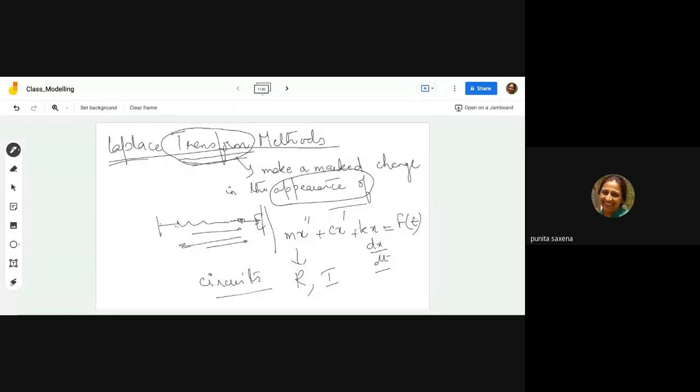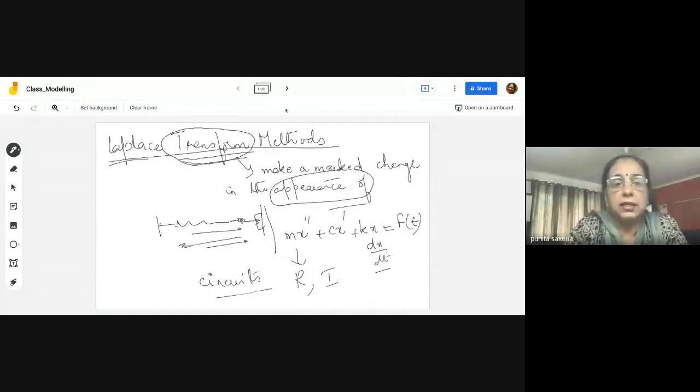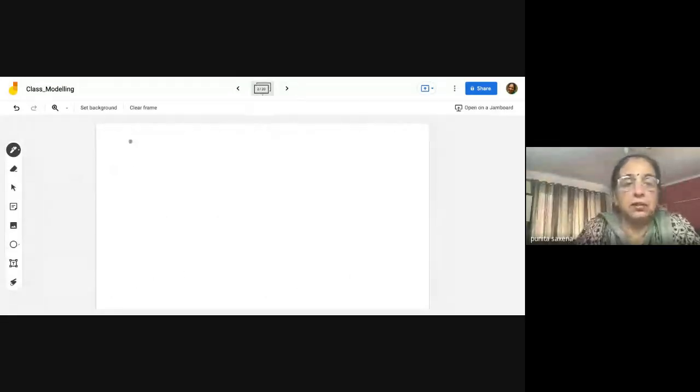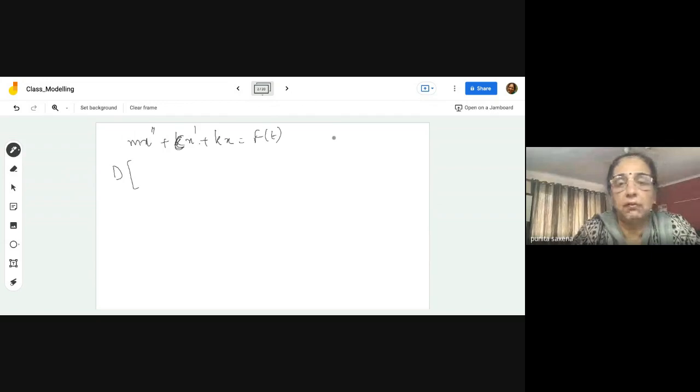So if we have a differential equation of this kind, then, while studying differential equations themselves, we had seen that a differential equation can be considered as an operator D when it operates. If you remember, even in this equation, mx'' + cx' + kx = f(t), we can write D as an operator, where D stands for d/dt, so that it operates on something.